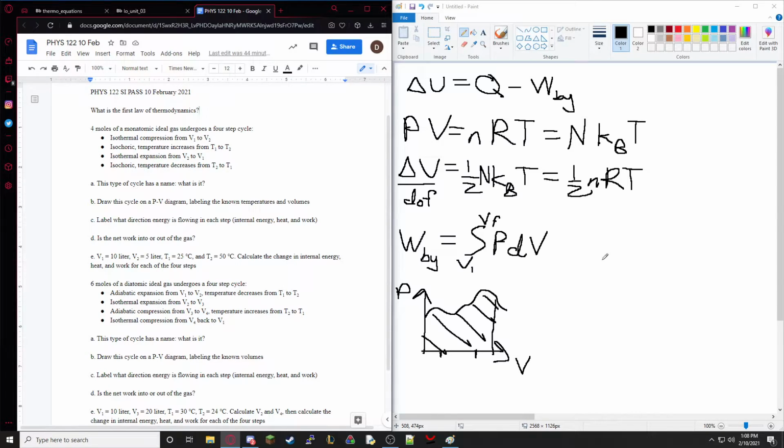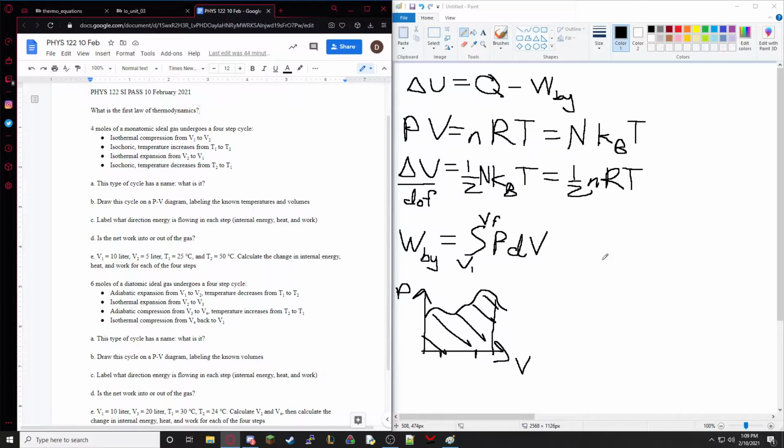But for isothermal and isochoric, does anyone know what this cycle is called? It starts with an S. Fun fact, it doesn't really matter, it's called the Stirling cycle. So our Stirling cycle is going to be isothermal and isochoric.